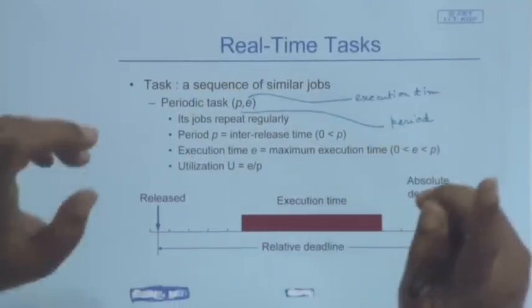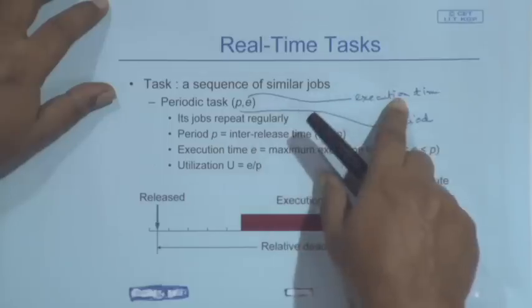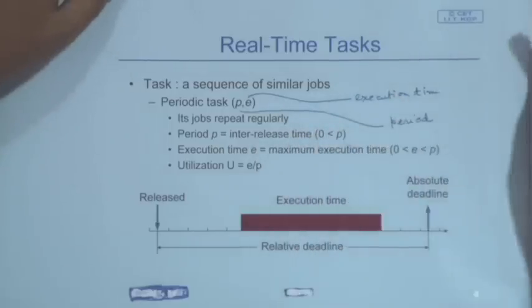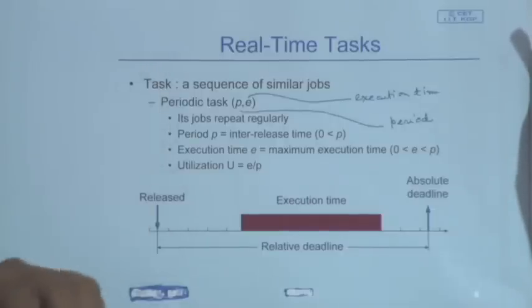A periodic task has a period, that is a delay gap after which it appears, and it has an execution time. Now, a couple of things need to be mentioned about this execution time. A priori, often we do not know the exact execution time of a task, because that may depend on the arrival of some events, or on some particular data.